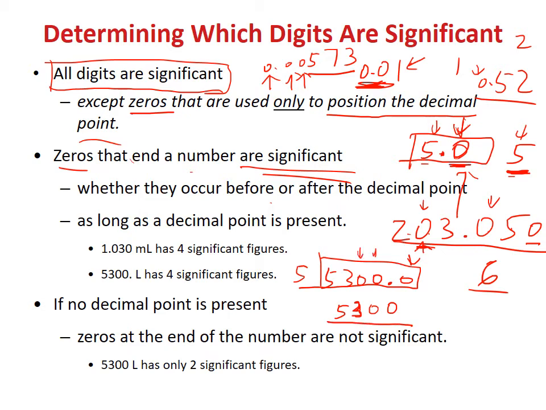But this one, we only have 2. So these 2 are significant. No decimal. If no decimal point is present, zeros at the end of a number are not significant. So these are not significant. Okay. So these only have 2 significant figures.